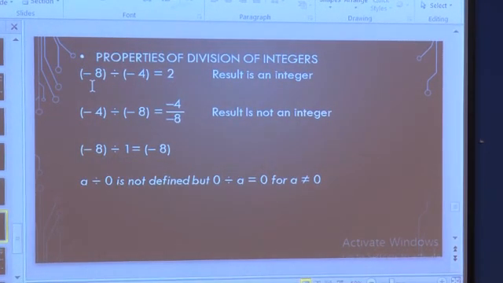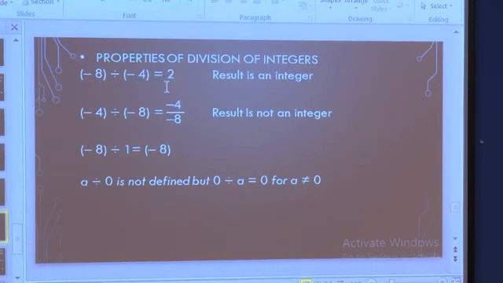The example is minus 8 divided by minus 4 is equal to 2. 4 1s are 4 and 4 2s are 8, so we got 2. The result is again an integer.